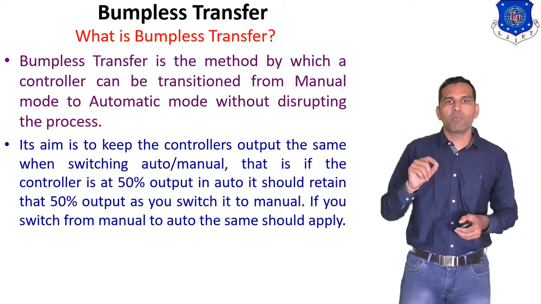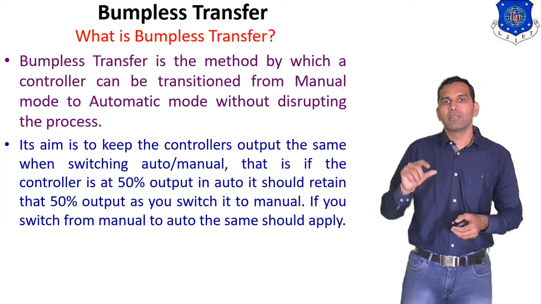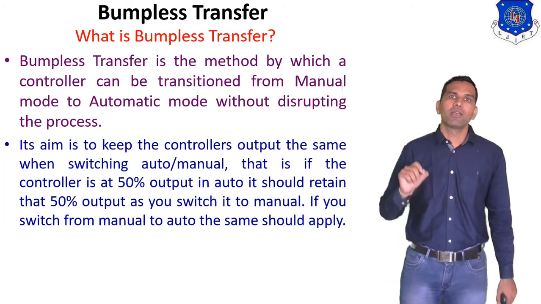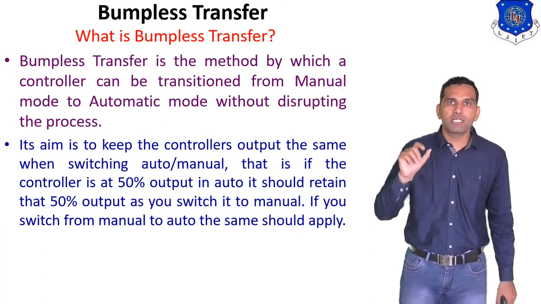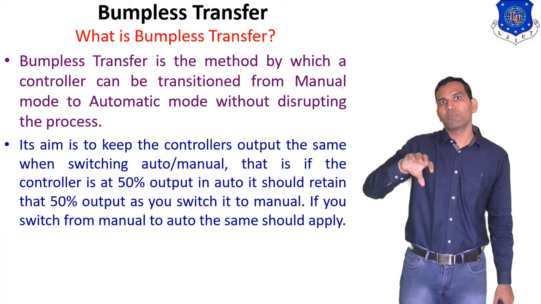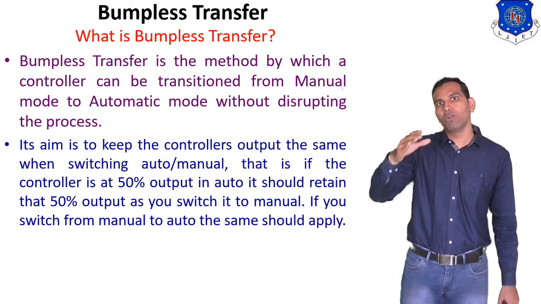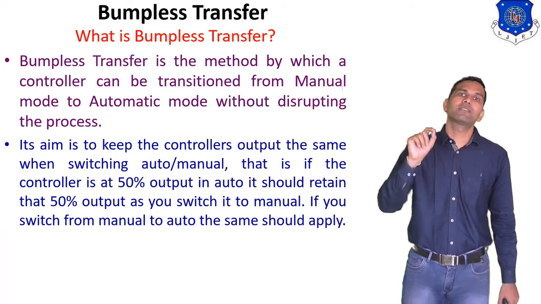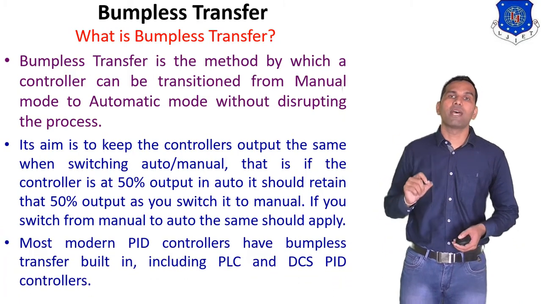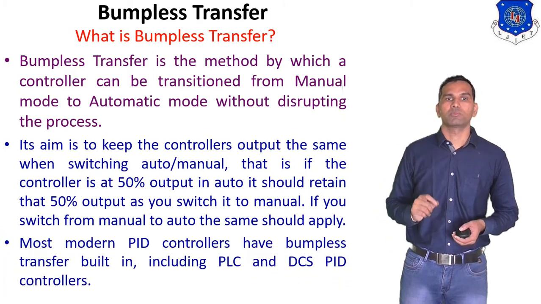If you switch from manual to automatic, the same should apply. That means if the controller output is 50% in automatic mode and we shift the process into manual mode, then it indicates the same 50% output. So this is known as Bumpless Transfer.